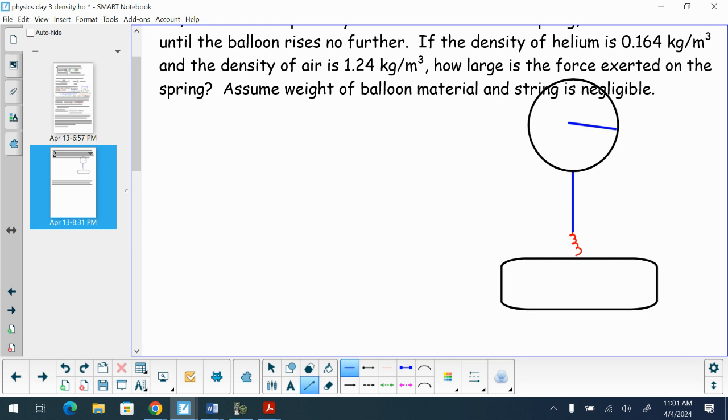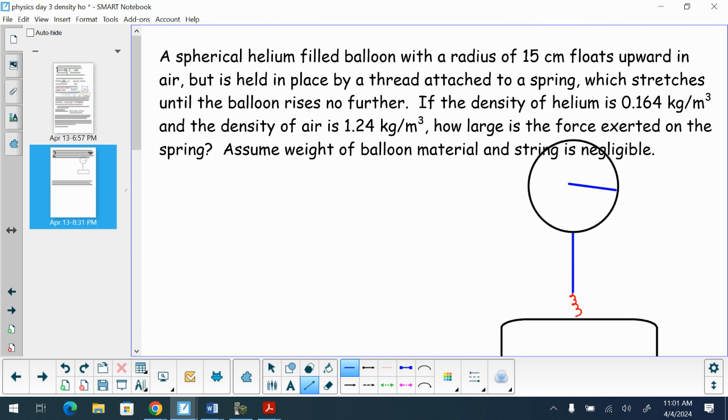So you have this balloon with a radius of 15 centimeters, floats upwards, and this is full of helium. And it's floating upwards. Fluids are things that flow.